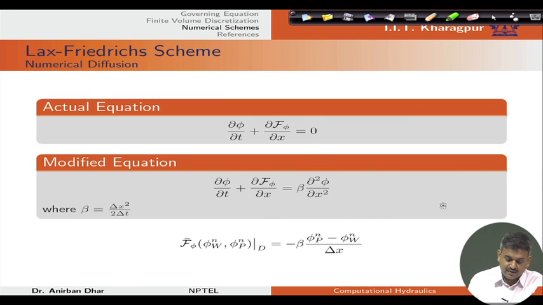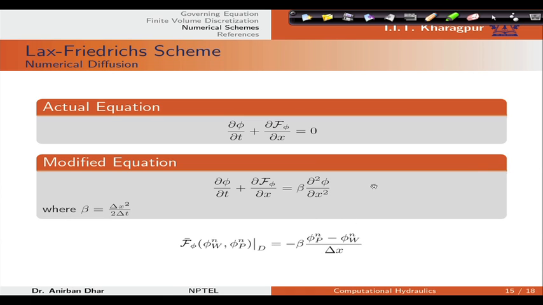So, in this case this diffusive flux, we can say that this is some beta into phi P minus phi W for the west face. So, this extra term is added for stabilization of the scheme, which is equivalent to adding one extra term on the right hand side.